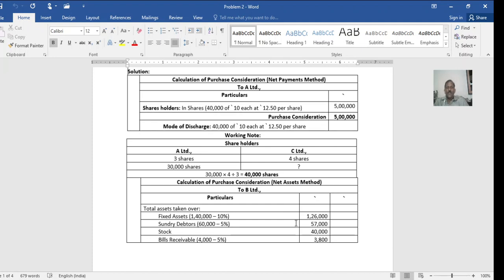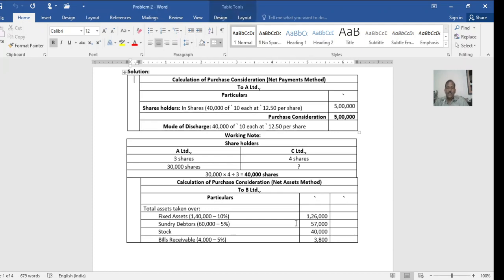So 40,000 into 12.50 becomes 5 lakh. 5 lakh is the purchase consideration payable by C Limited to the liquidator of A Limited. The mode of discharge is in the form of shares, 40,000 shares of rupees 10 each at 12 rupees 50 paise. The 2 rupees 50 paise premium you have to consider in the books of the transferee company while passing entries.